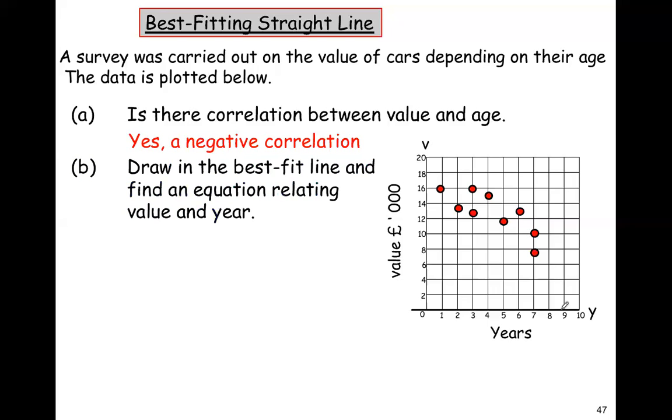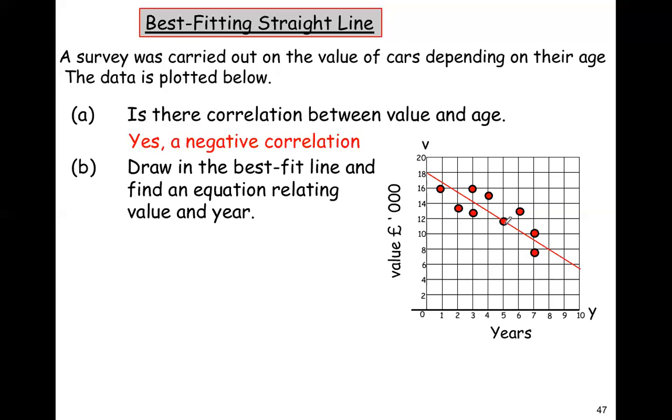So let's draw a best fit line through them. In this case, they've tried to put 4 points above it and 4 points below it. And by going through this point here, 5, 12, and the other point they've picked, as you can see, is the intercept, which is good, which is 0, 18 in value. So £18,000 for a brand new car is on average what they would sell them for.